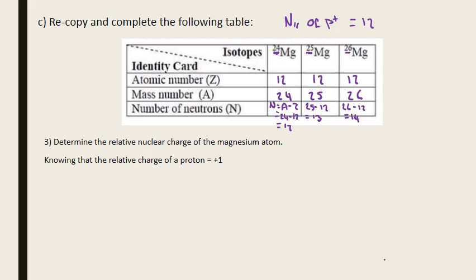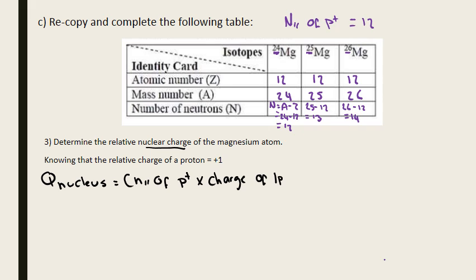Then it says determine the relative nuclear charge of the magnesium atom, knowing that the relative charge of a proton equals plus 1. So we know that the charge of the nucleus, it says relative nuclear charge, is the number of protons times the charge of 1 proton.